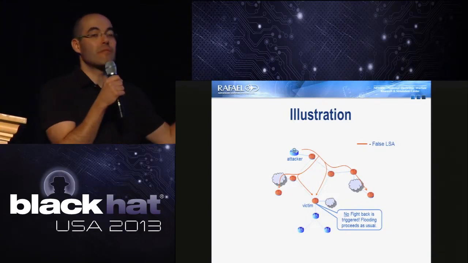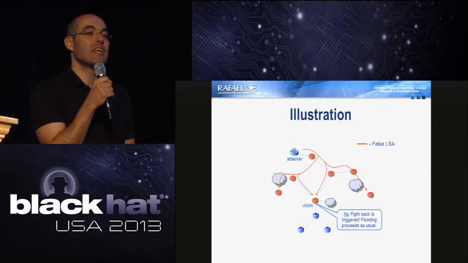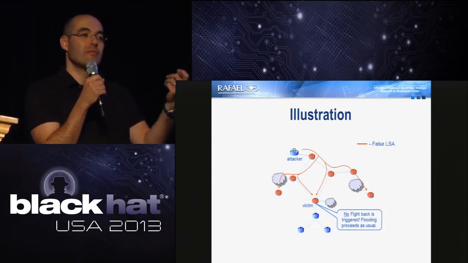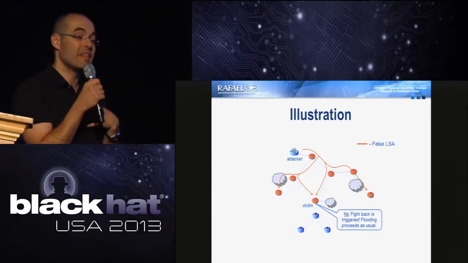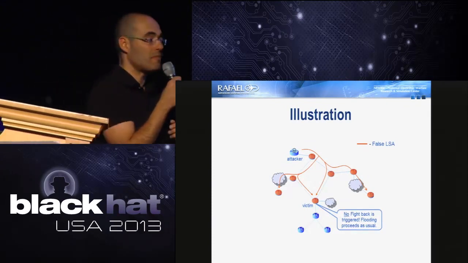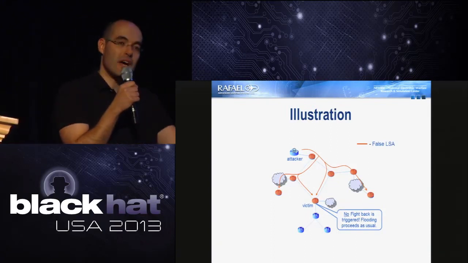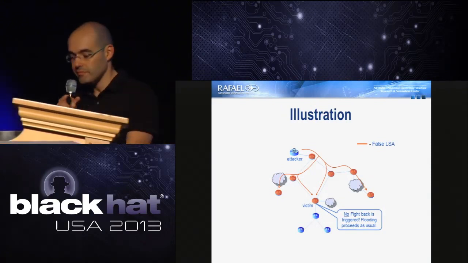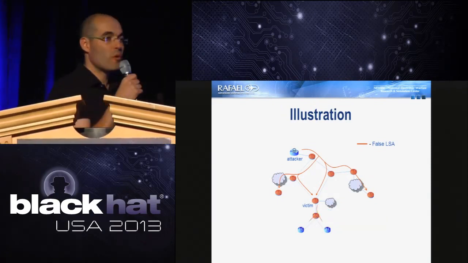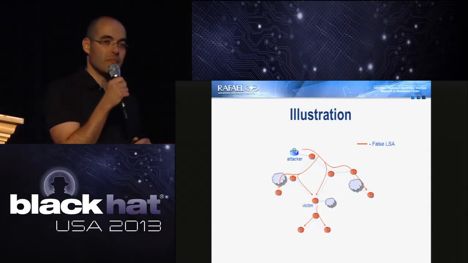This includes the victim, and no fightback will be triggered. Again, the victim will actually install the false LSA in its own database. The LSA will actually advertise on its behalf, and moreover, it will continue to flood this LSA to all of its neighbors. And this is how we get 100% poisoning of all the autonomous system.